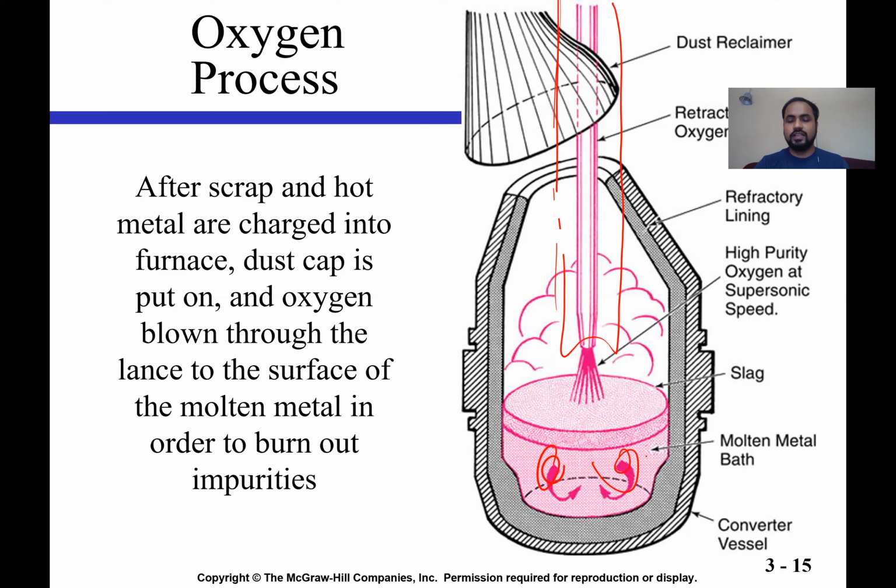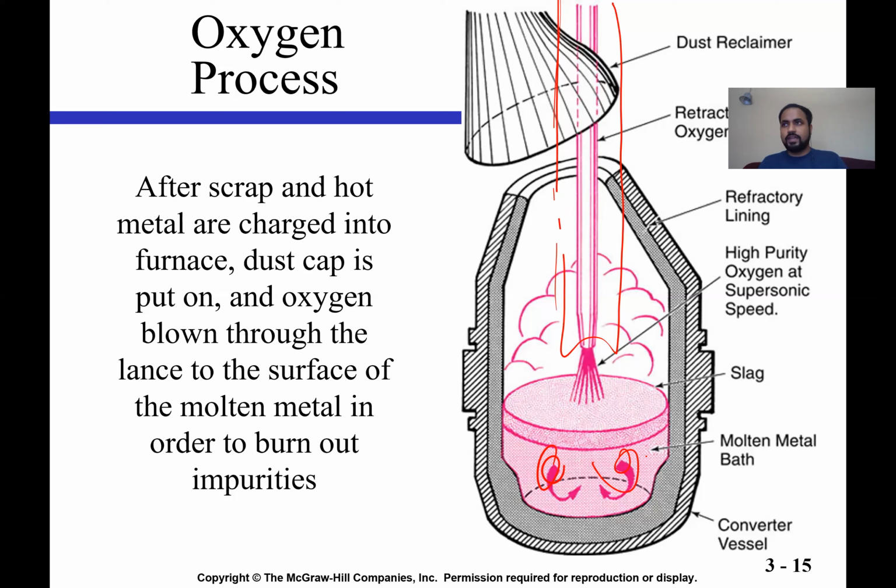The pig iron has 3 to 5% of carbon. But after doing this processing, depending on what the customer needs, you can reduce the carbon percentage to less than 2%. You can have less than 1% or 0.5%, depending on the requirement. And this is the step where you will be adding some alloying elements.